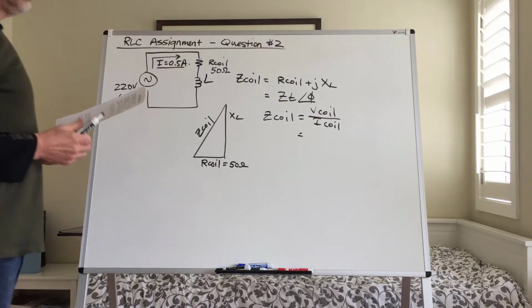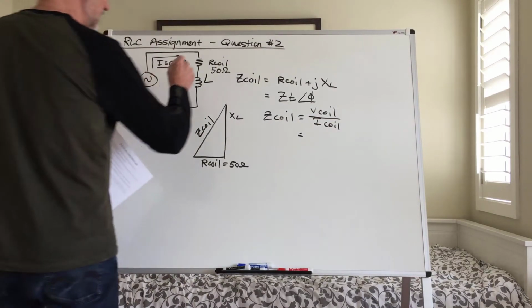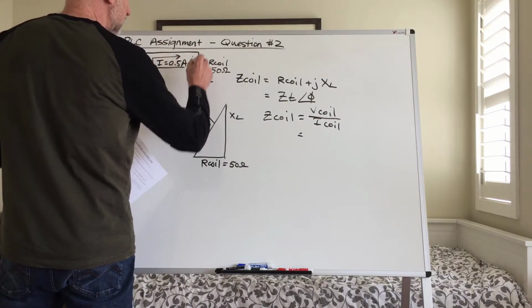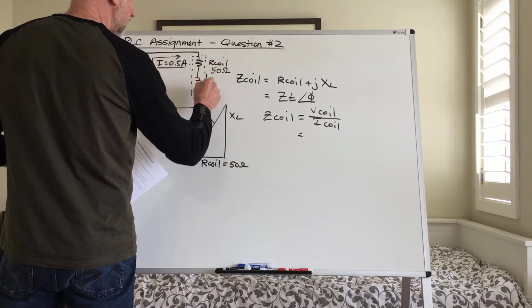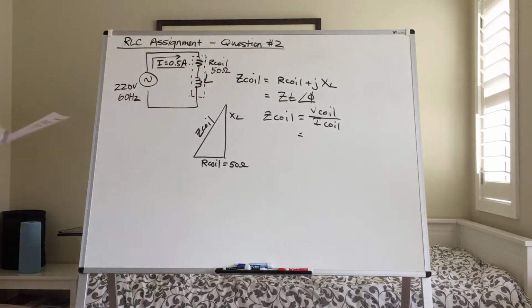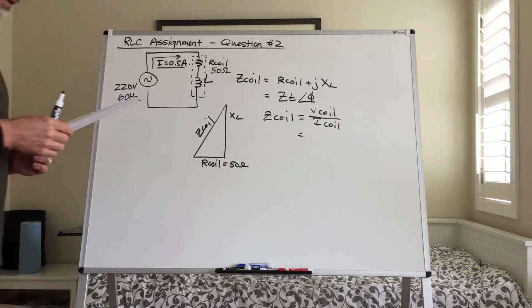So when we look at this coil, we know that across that coil we have a total of 220 volts.